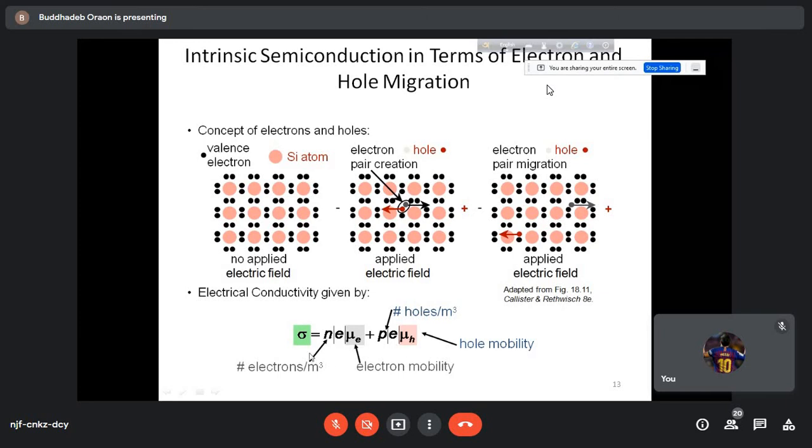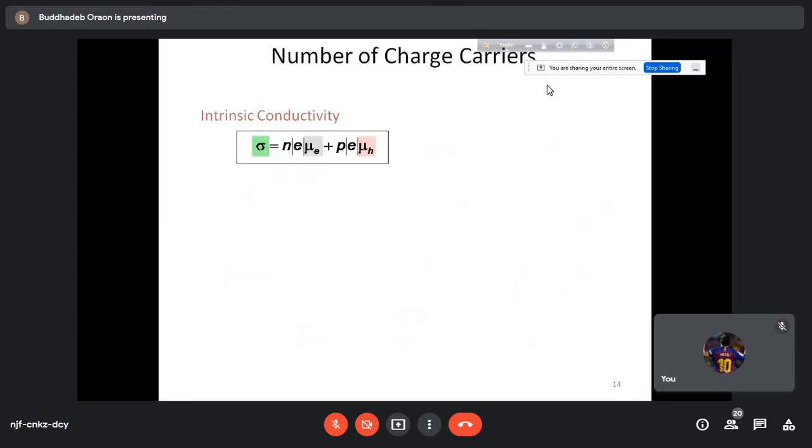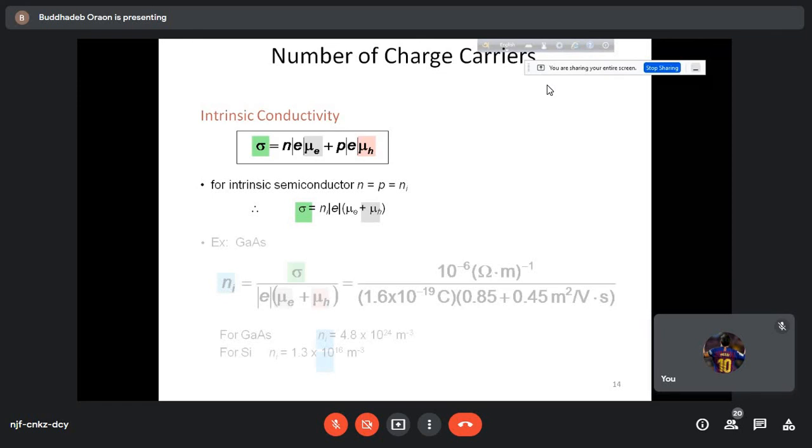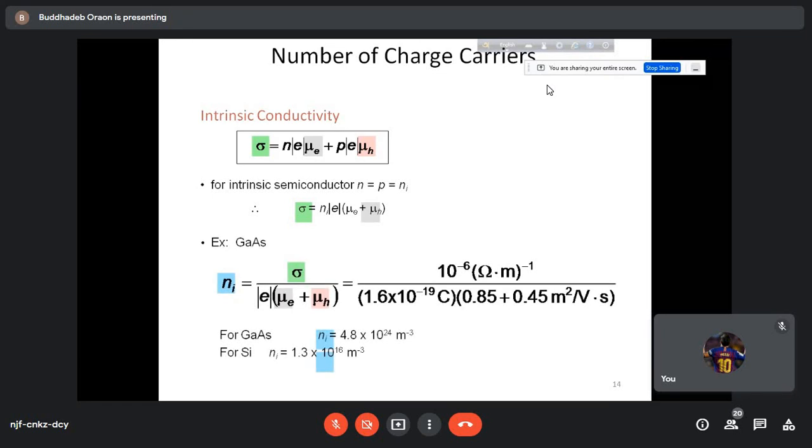So the equation can be written like this: sigma equals N e times, this quantity remains constant, mu e is the electron mobility, and mu h is the hole mobility. So this equation can be used to calculate the conductivity of the intrinsic semiconductor. Here is one example for this calculation.